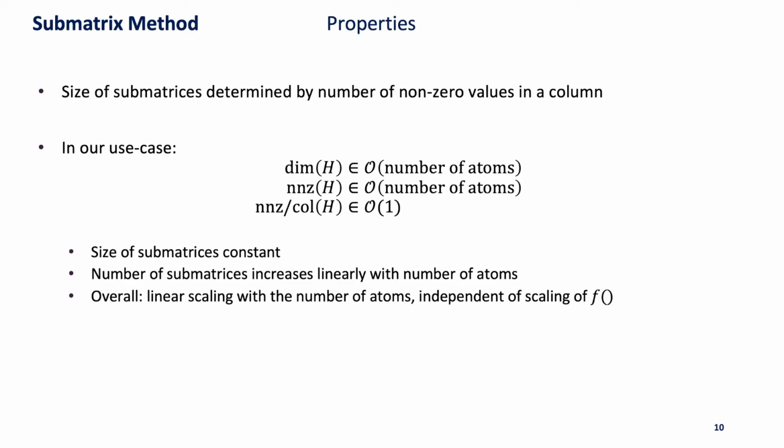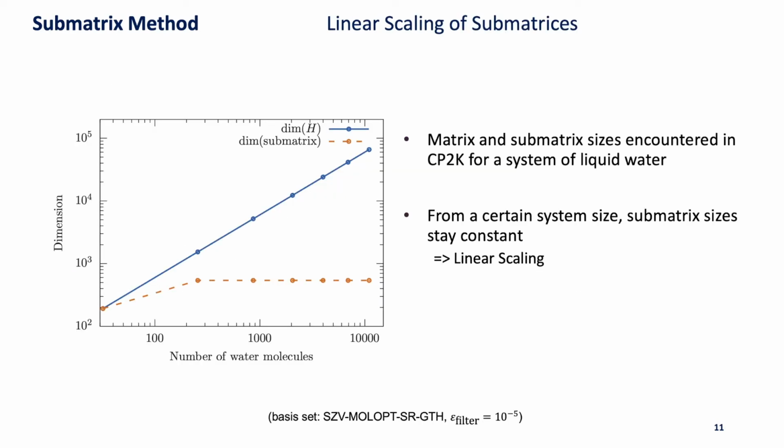And with that also the size of the submatrices stays constant. So the only thing that rises is the number of submatrices that we actually need to process. So overall we get a linear scaling with the number of atoms, independent of the scaling of the function we are interested in. And here's a quick maybe proof that this is actually the case.